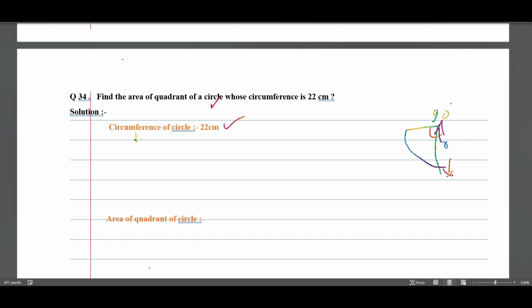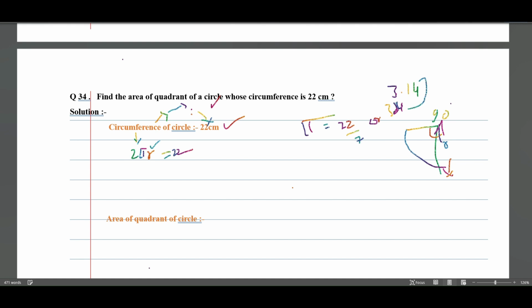As we know, the formula of the circumference of a circle is 2 pi r, which is equal to 22. From here we can find the value of r, and we need the value of pi. So pi is 22 by 7, or we can use 3.14 also.